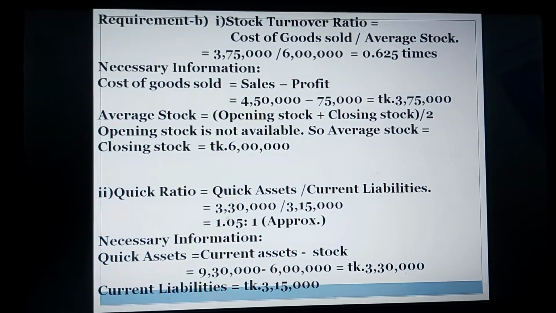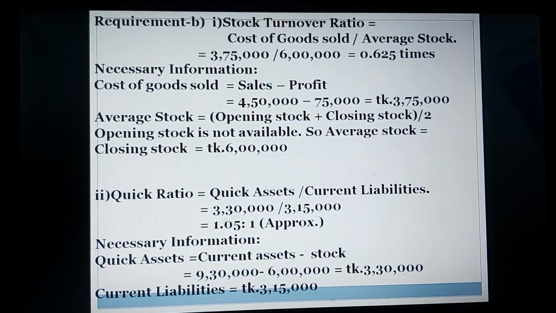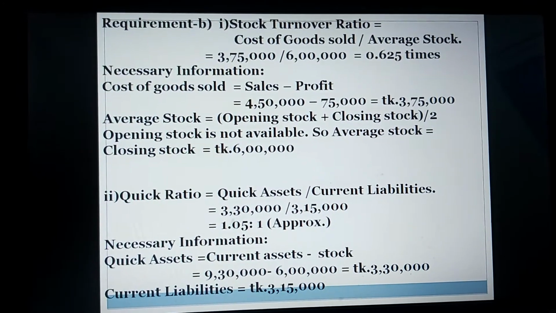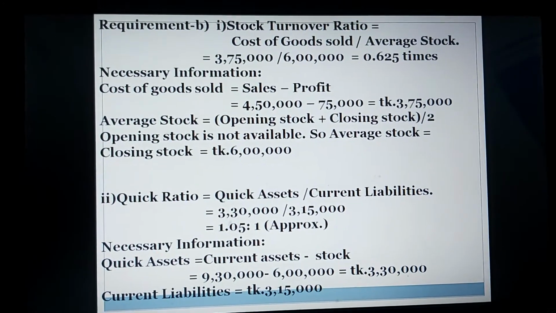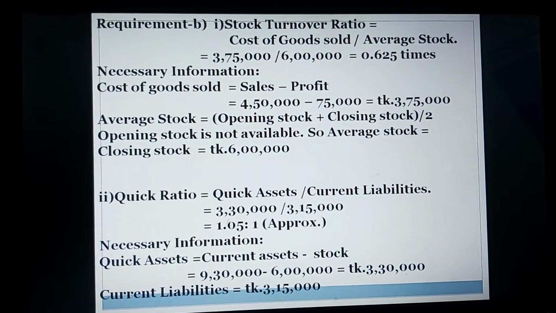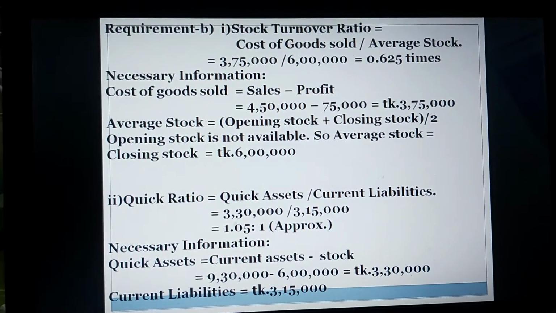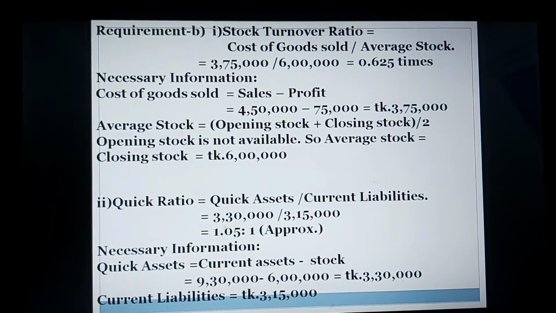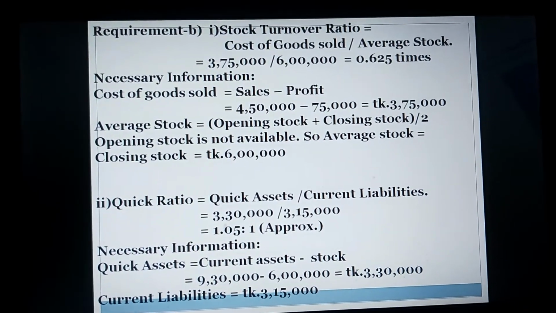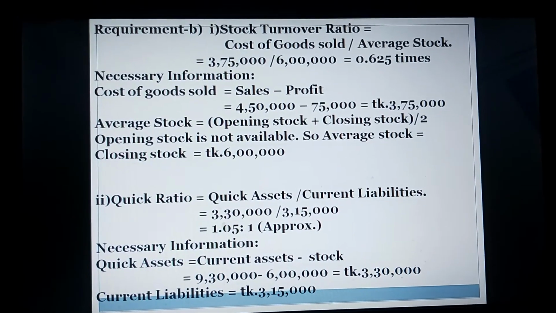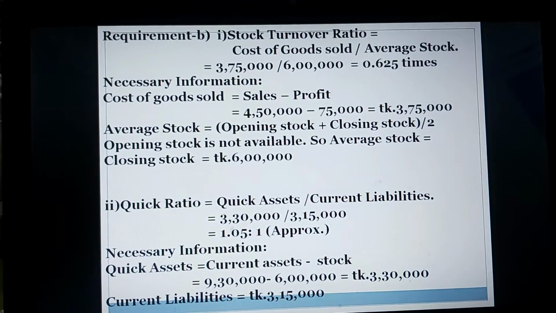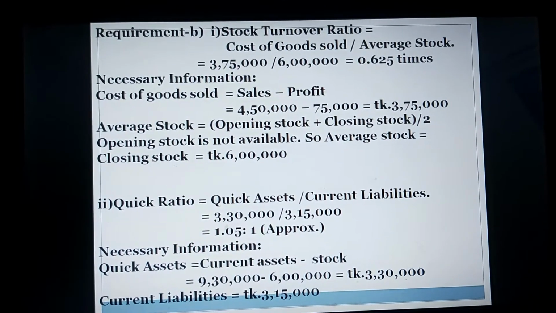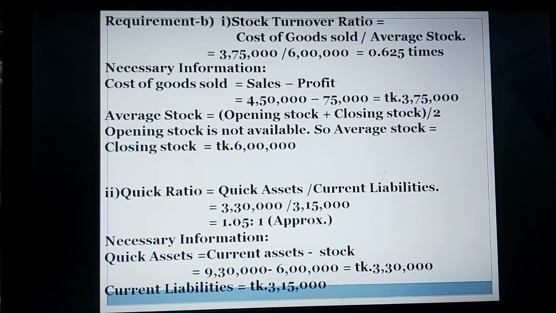As opening stock is not available in the stem, how to calculate it? Average stock is equal to closing stock, that is the amount of taka 6 lakh. I repeat again, if opening stock is not available in any question, then average stock is equal to closing stock. So this rule applies here: average stock is equal to closing stock, taka 6 lakh.